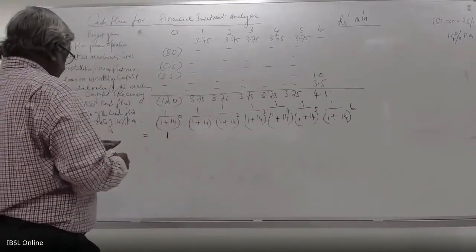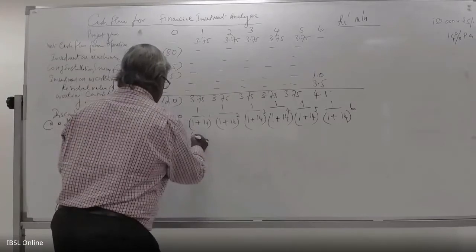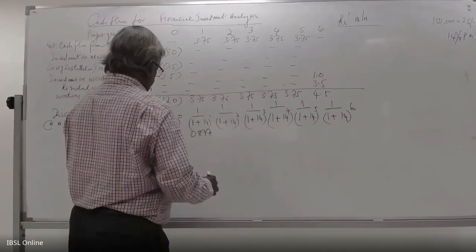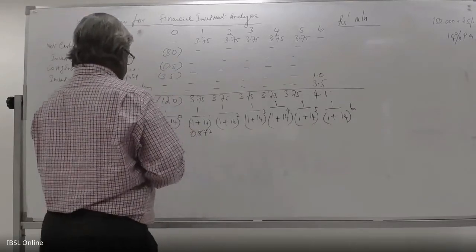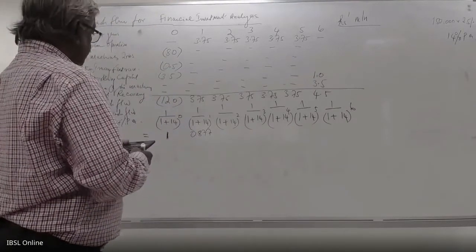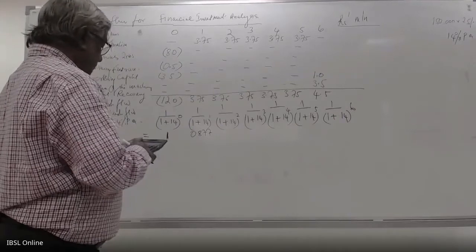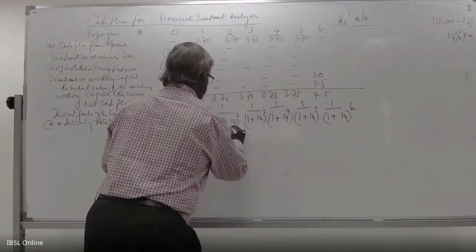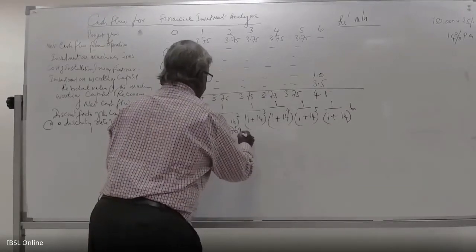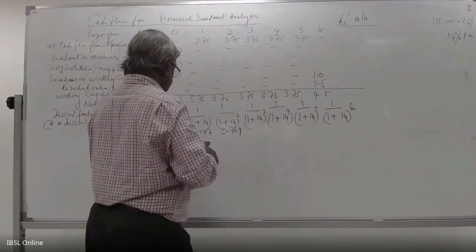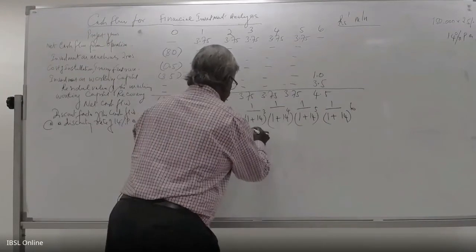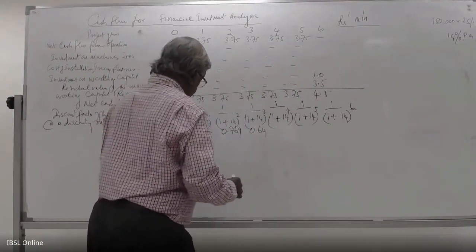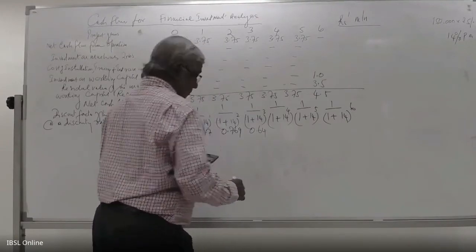Then 0.877 in year 1. Year 2, 0.769. Then year 3, 0.675.